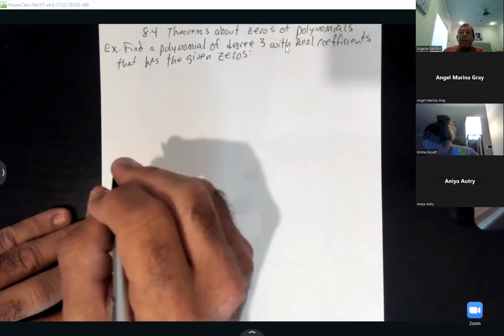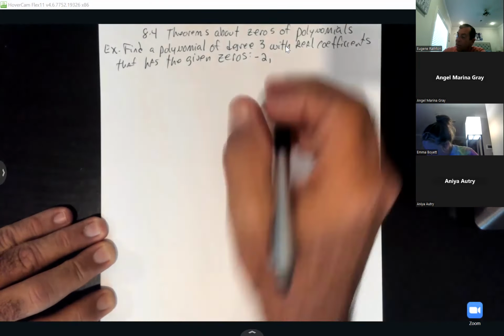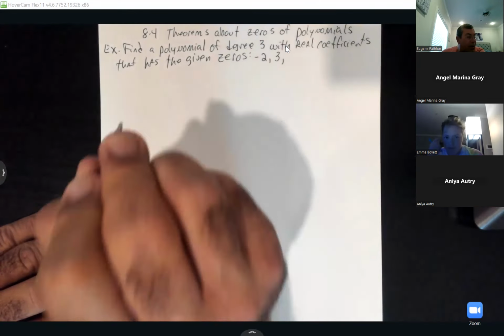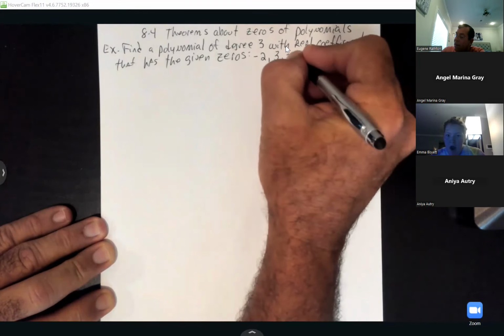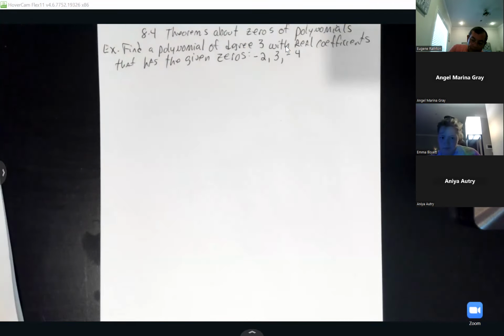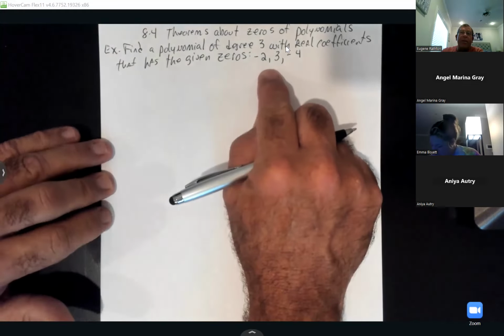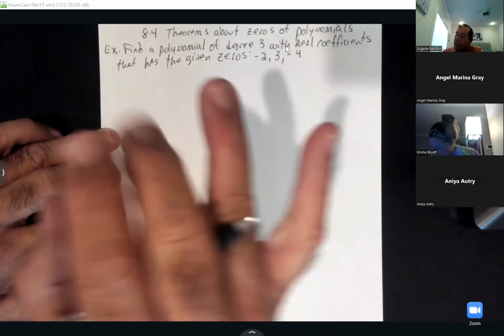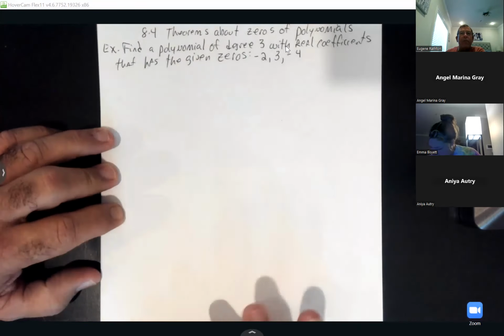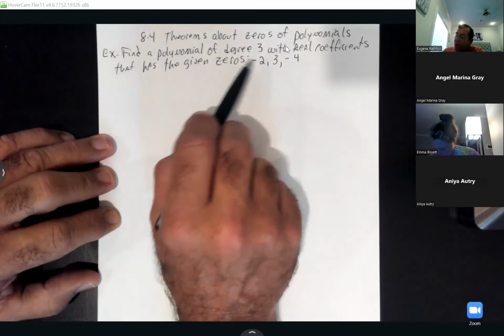All right, the zeros they're giving me are -2, 3, and -4. So they're giving me the zeros, which are the solutions. So they want us to work in reverse and come up with a polynomial. And they're saying degree 3.